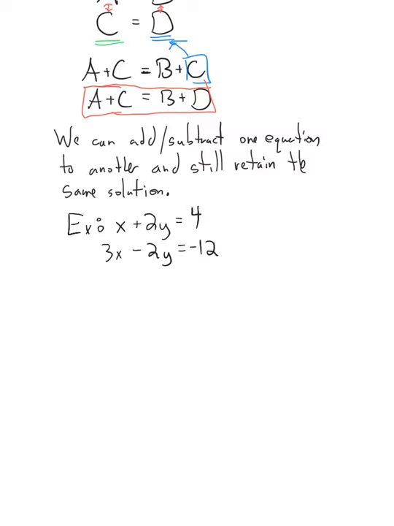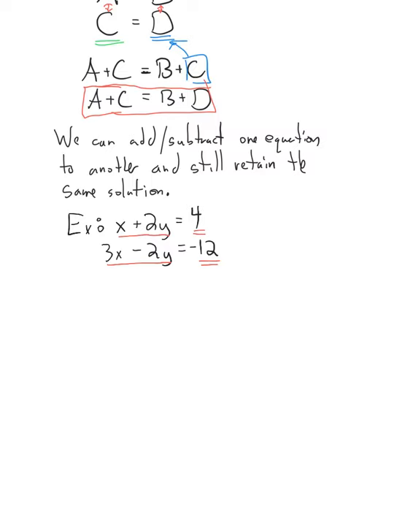Okay. So, let's see our idea in action here. So, one thing I want to say, it's probably a good idea to make sure that your equation has all your variables on one side and all your constants on the other. So if it's not in that form, it's a good idea to kind of rearrange it to that form. It just helps keep things consistent, and it's a lot easier to add and subtract.